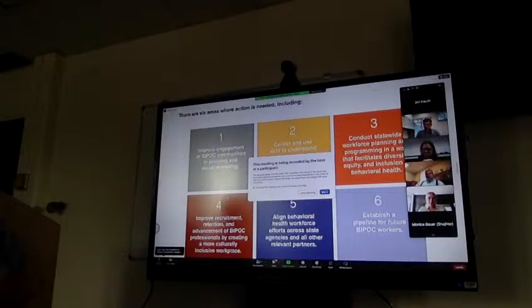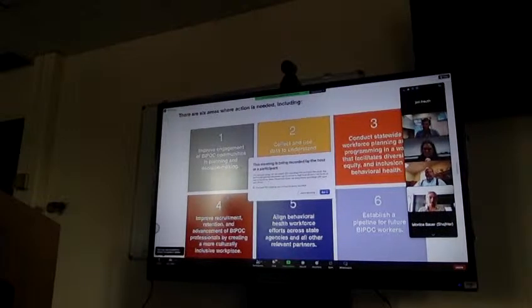And so we had 6 areas with action needed with our several sets of reports. And I'll go through all of these here. One was to improve the engagement of BIPOC communities in planning and decision making.